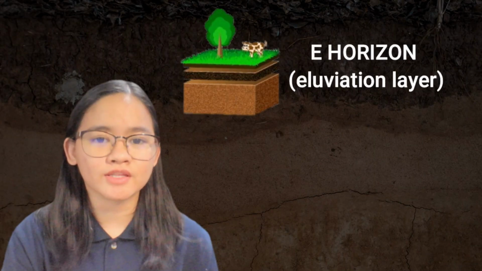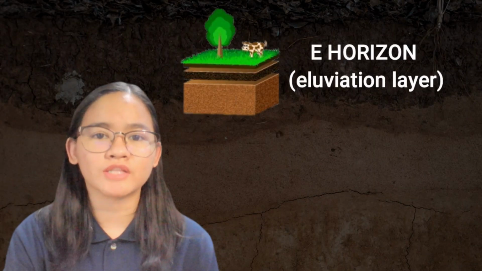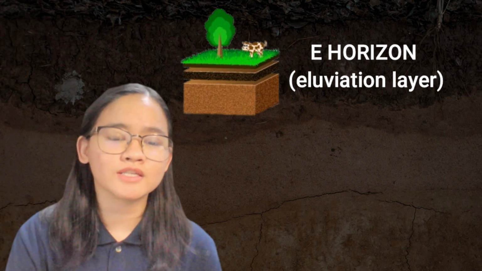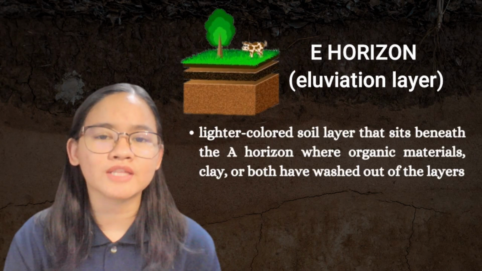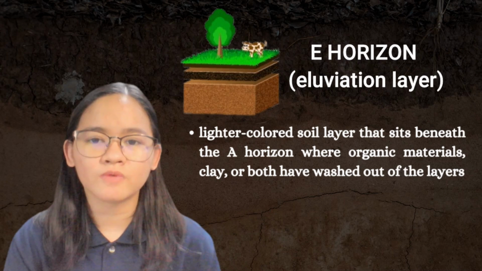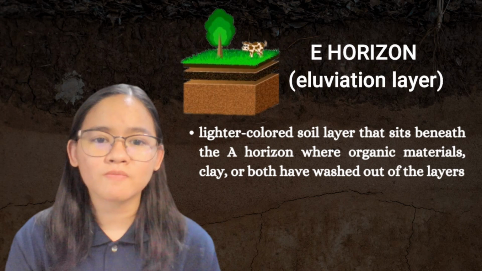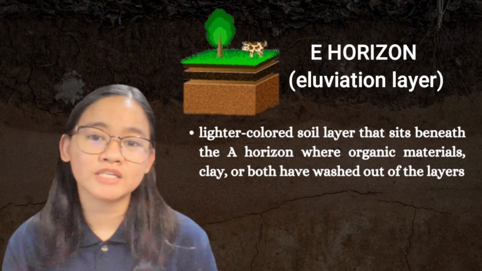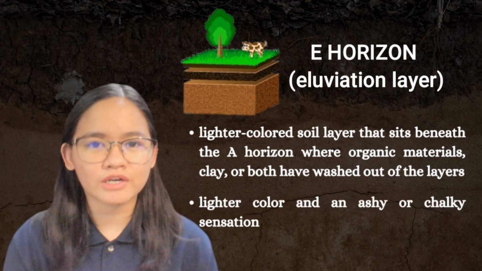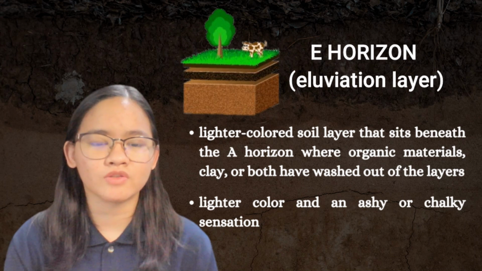Below the A horizon is the E horizon or the alluviation layer. The E horizon is a lighter colored soil layer that sits beneath the A horizon, where organic materials, clay, or both have washed out of the layers, generally giving it a lighter color and an ashy or chalky sensation to touch.